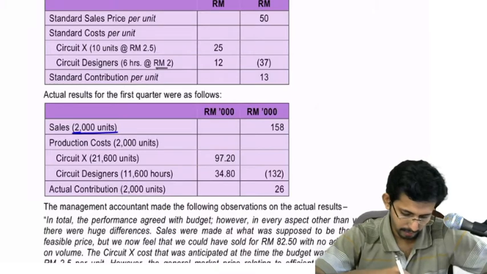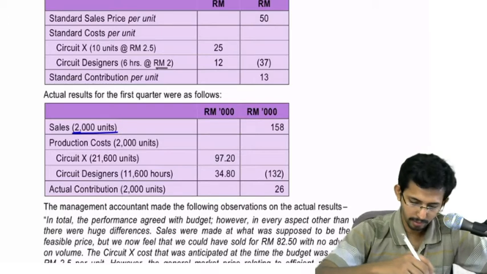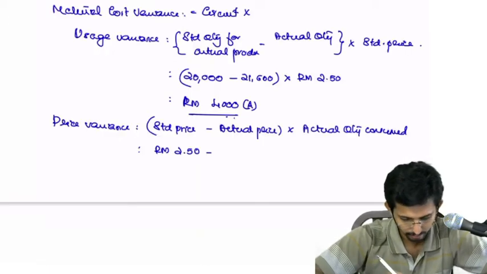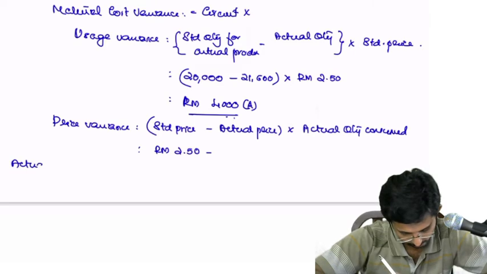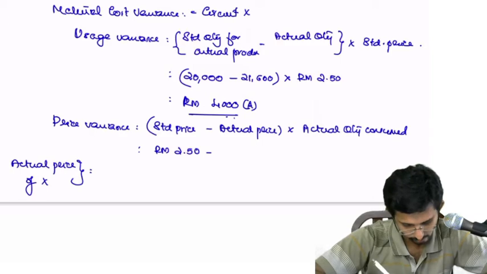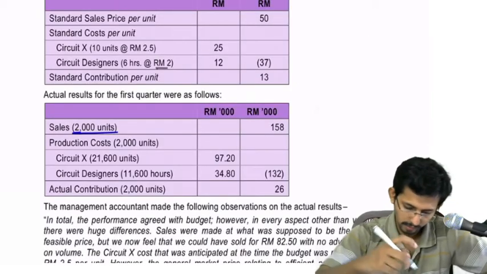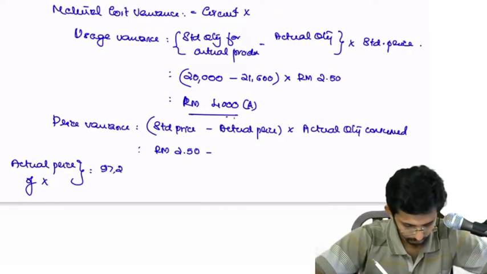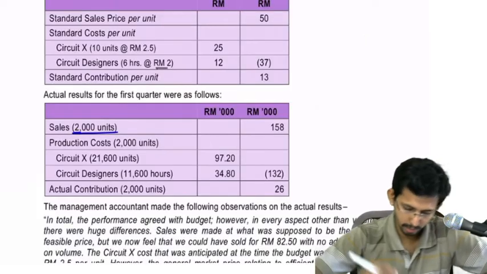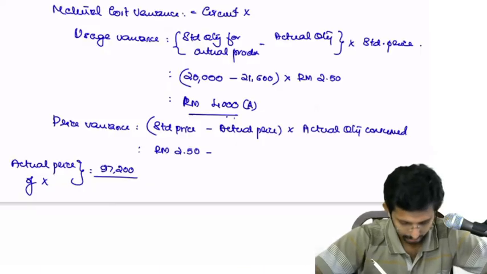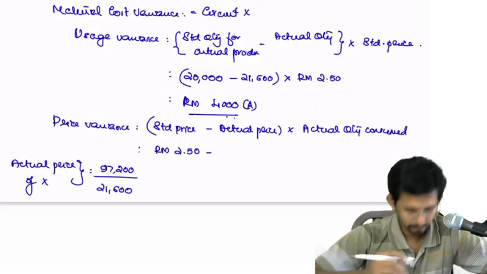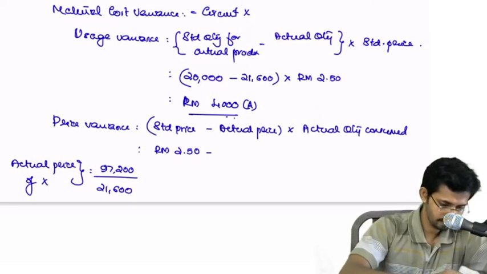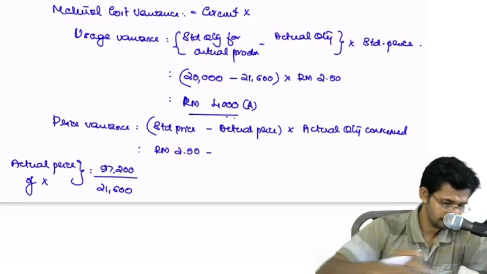It is $97,200 divided by 21,600, that is 4.5.